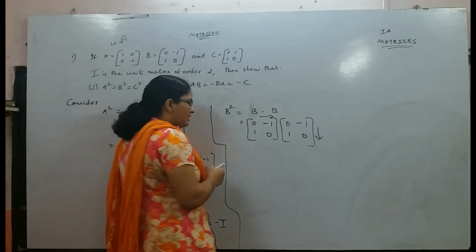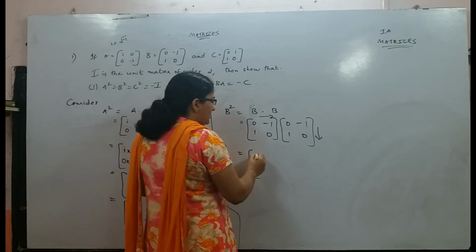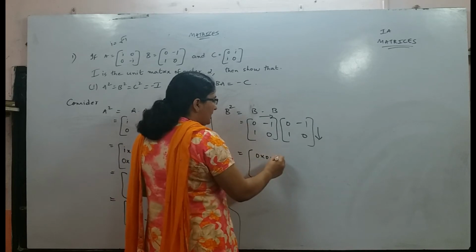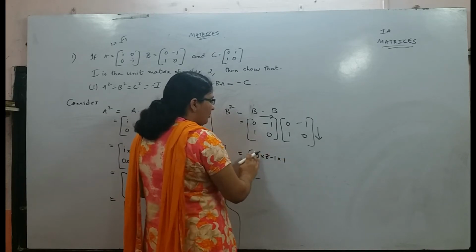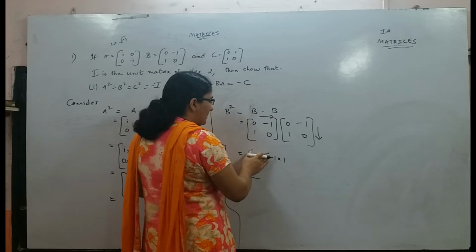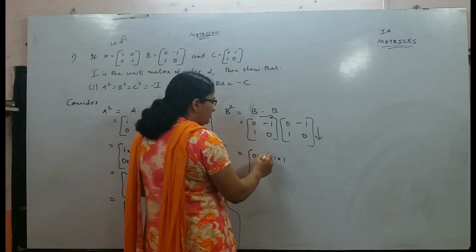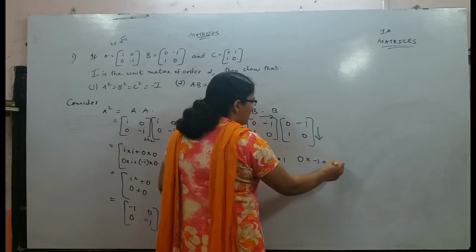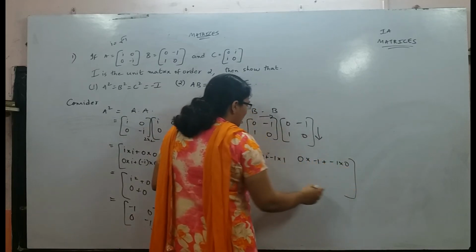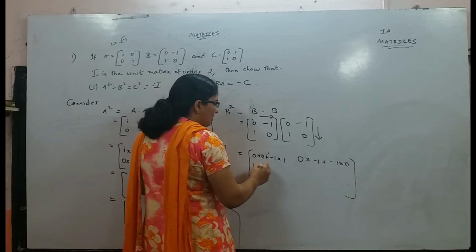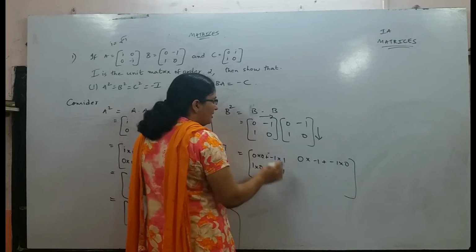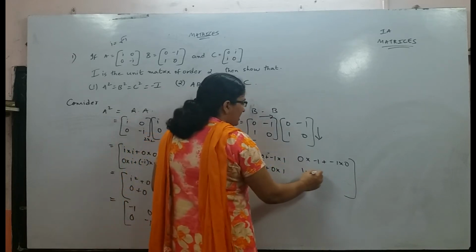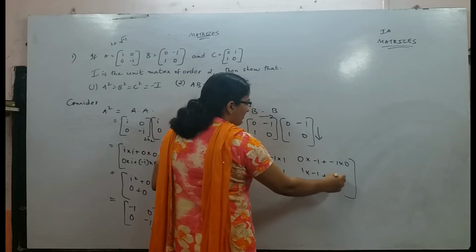So let us do first row first column. 0 into 0 plus minus 1 into 1, 0 into minus 1 plus minus 1 into 0, 1 into 0 plus 0 into 1, 1 into minus 1 plus 0 into 0.